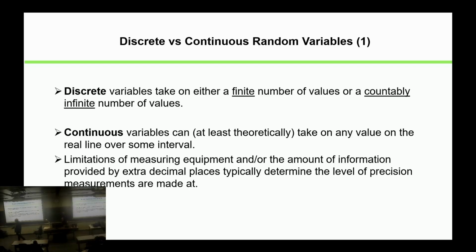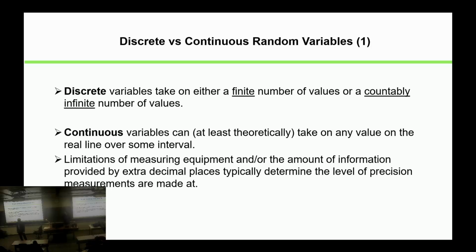So, of course, we don't typically measure anything to an infinite number of decimal points because of two things. Limitations on our measuring equipment as to how precisely they can measure things. That can be one reason. The other thing is, is there any real information in those extra decimal places?